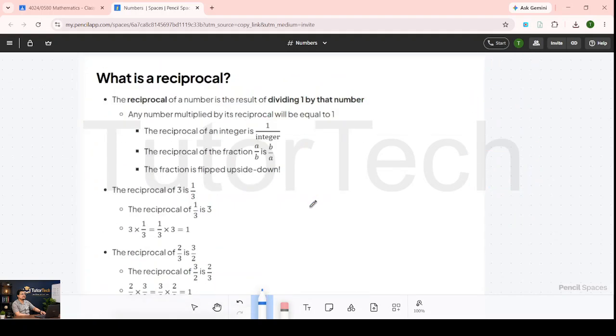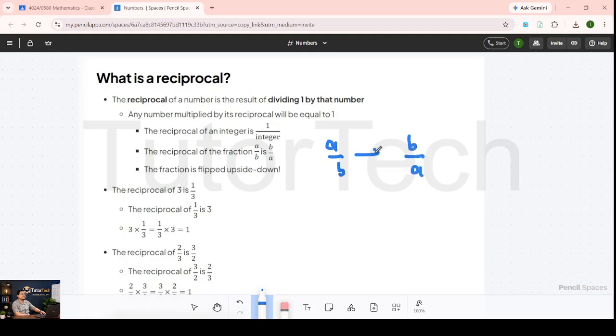Okay, the last one. What is a reciprocal? The reciprocal of a number is the result of dividing one by that number. Any number multiplied by its reciprocal will equal 1. The reciprocal of a fraction, let's say we have a over b, is b over a.